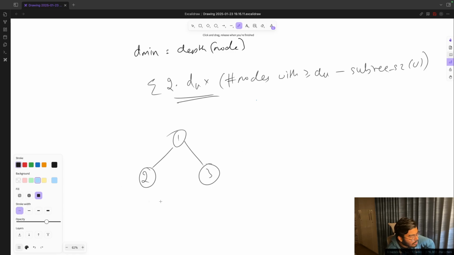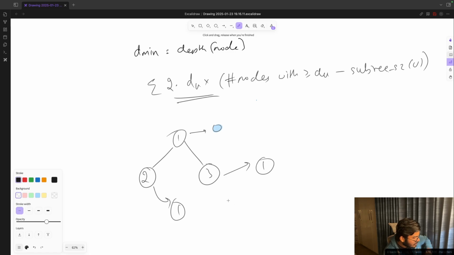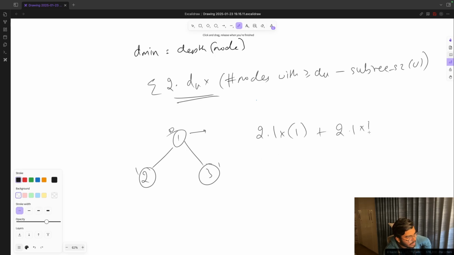When you do this for all the nodes, node 1 will contribute 0, but node 2 will contribute, since these are at depth 0, 1 and 1, 2 times 1 times 1, plus for 3 it will contribute 2 times 1 times 1, right?